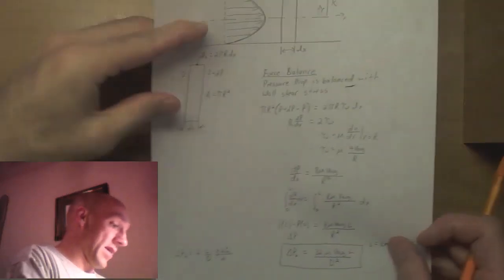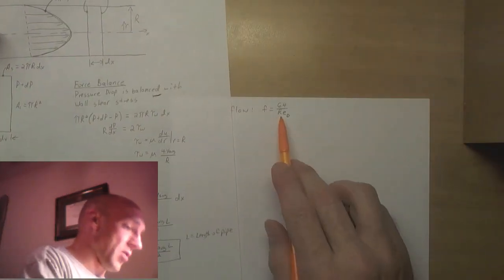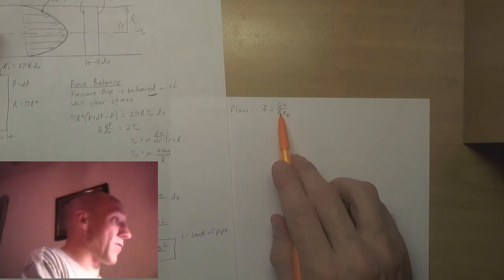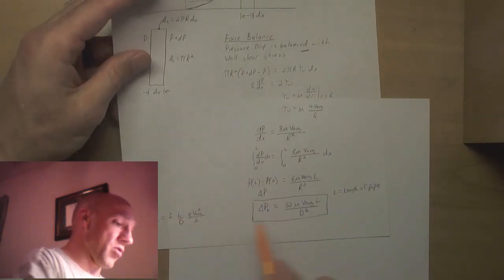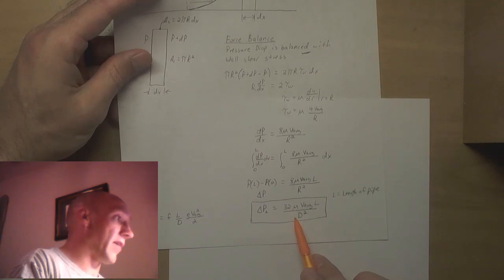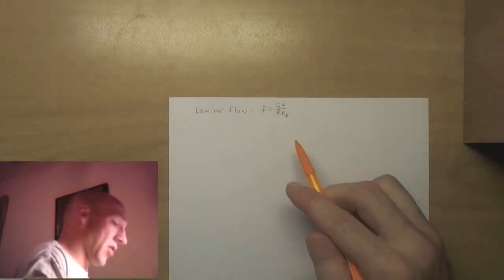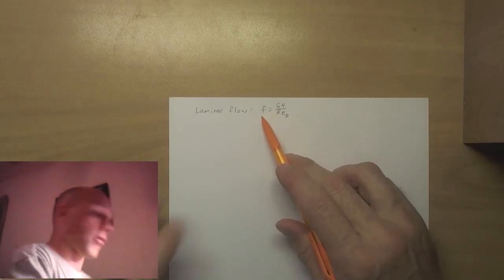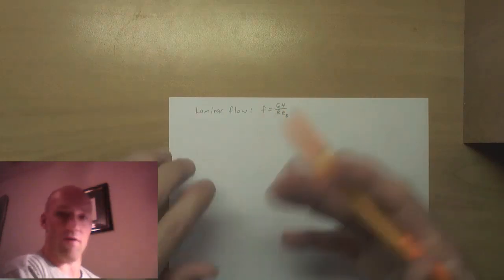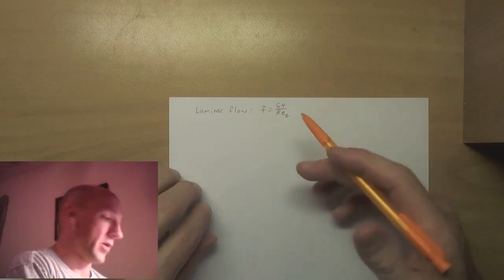Take the definition of the Reynolds number, plug this value in for F, and you'll see that you wind up just recovering that. So why would we want to do that? We would want to do that because F is some other complicated function of the velocity and things like that for turbulent flow.